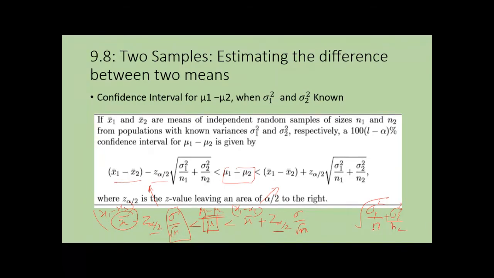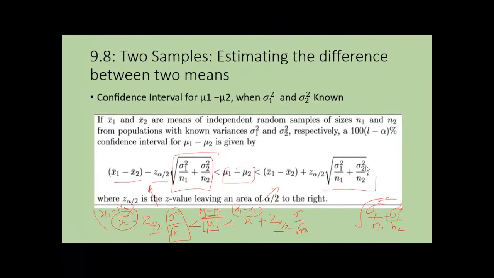That's it. That's the difference. Under the square root, both the sigmas will come with the square and divided by n1 and n2 respectively. So when you remember the previous formula, you can remember this formula. It's looking very big, but it's very easy to write.